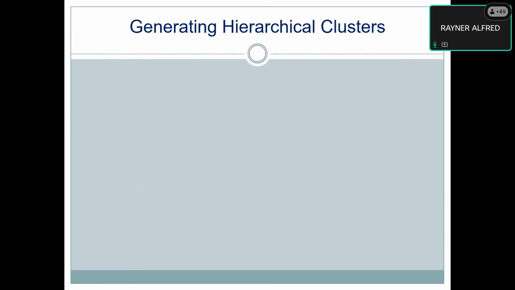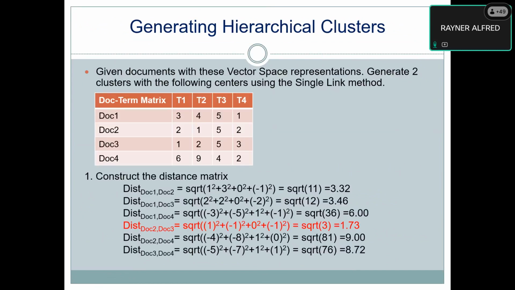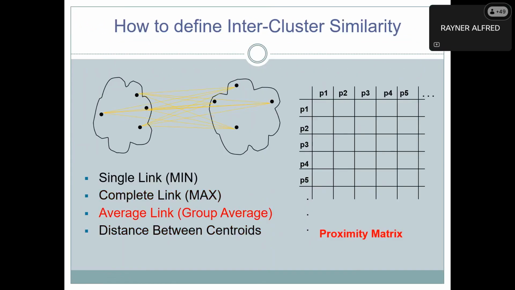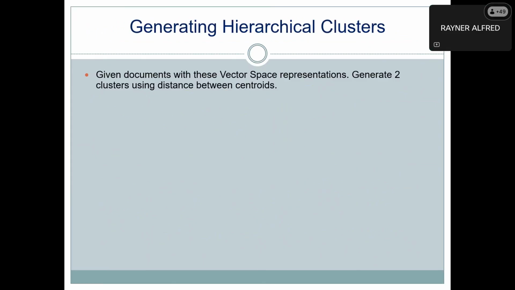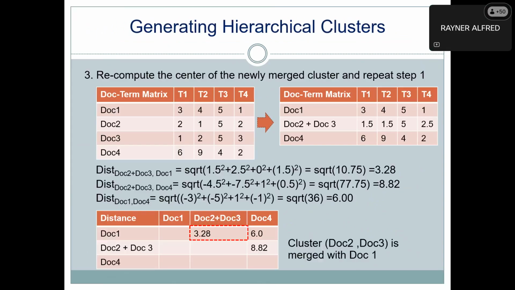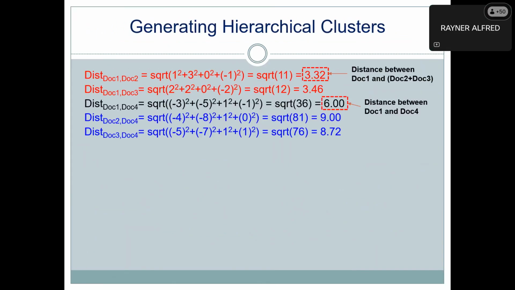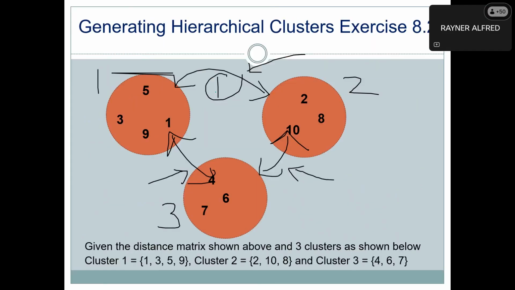So this is the shortest distance between cluster 1 and 2, and the value is 1.